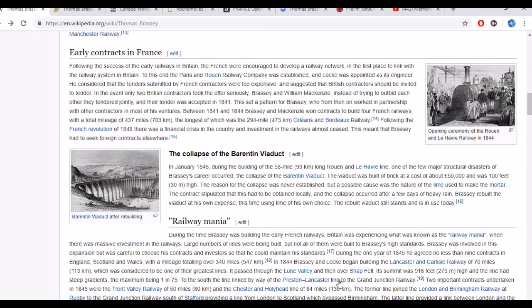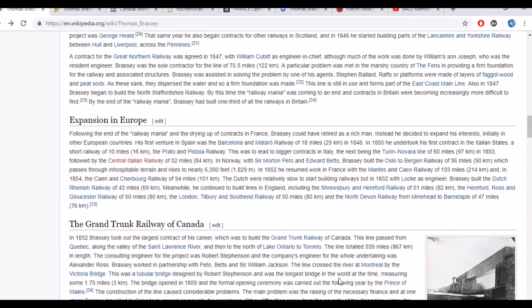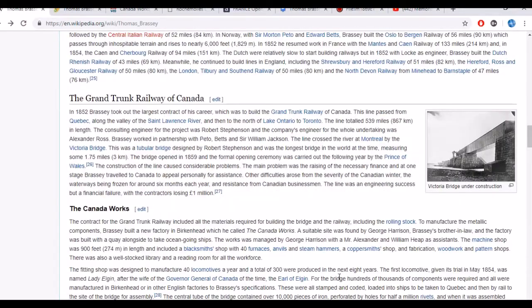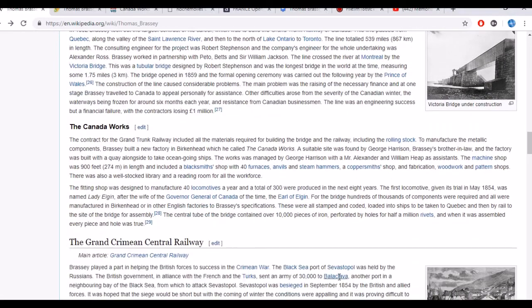Built stuff in France, expansion went through Europe, the Grand Trunk Railway of Canada, and then he built this place up in Birkenhead called the Canada Works, and this place just became like some sort of hive of industry. It was something like the dwarves in Lord of the Rings or something.